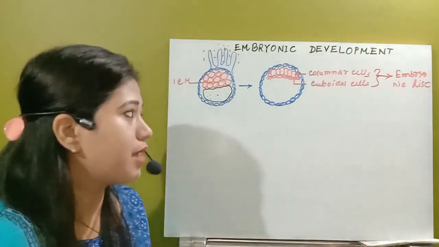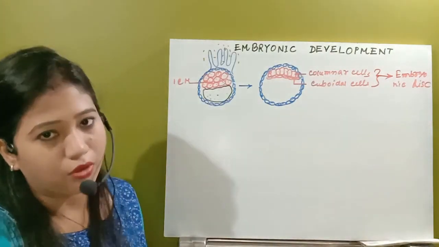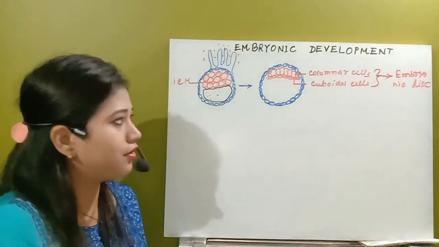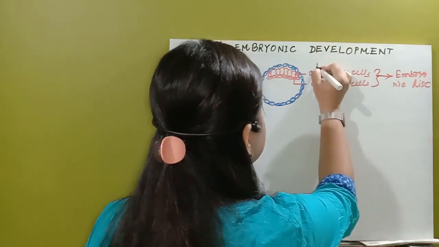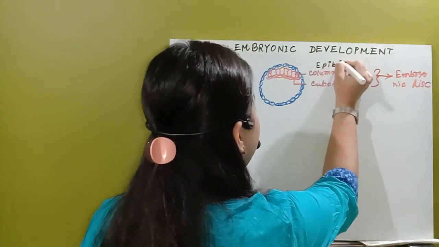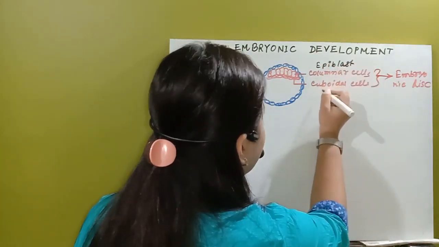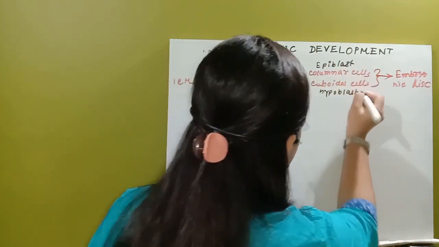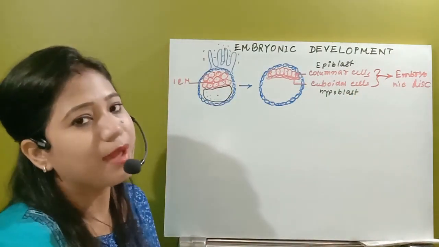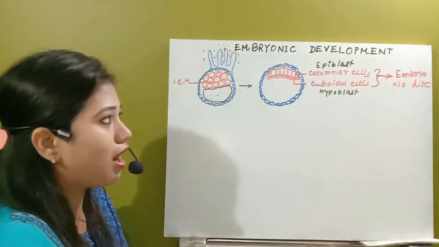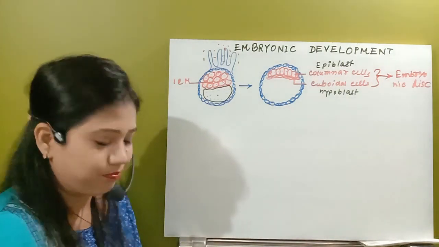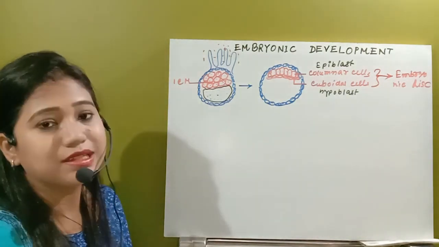So this embryonic disc is formed by both the columnar cells and the cuboidal cells. They got a typical term name itself. Those columnar cells are known as the epiblast, and the cuboidal cells are known as the hypoblast. So the epiblastic cell layer and hypoblastic cell layer are formed from the inner cell mass after some period of time.